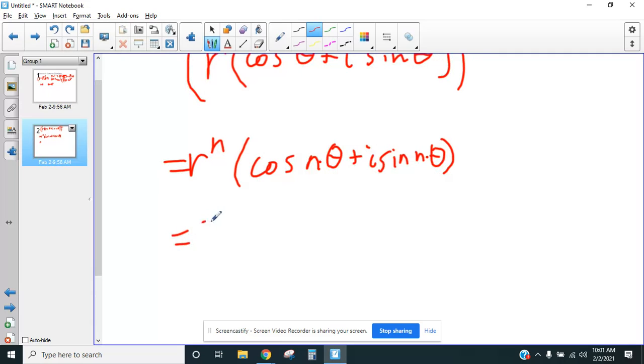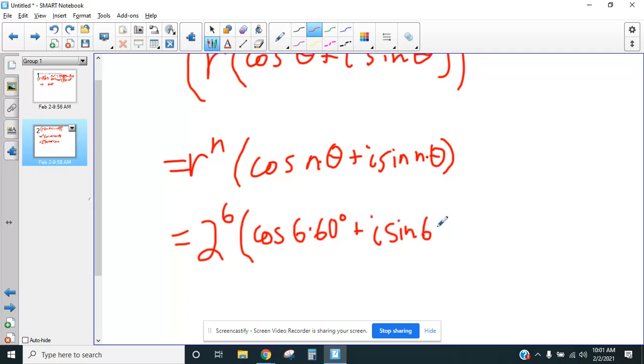What exponent are we taking it to? To the 6th. That's what it said on the outside of the parentheses. The exponent was 6. That's where each one of these 6's came from.